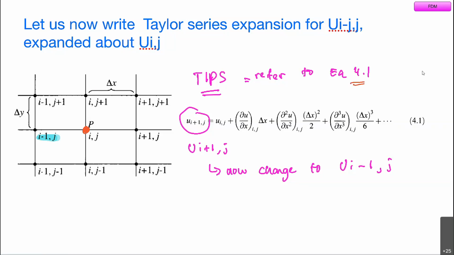This 4.1 is for the forward difference, where we are trying to estimate u i plus 1 j. Now, instead of u i plus 1, we just need to change that into u i minus 1 j, and let's see what we get.